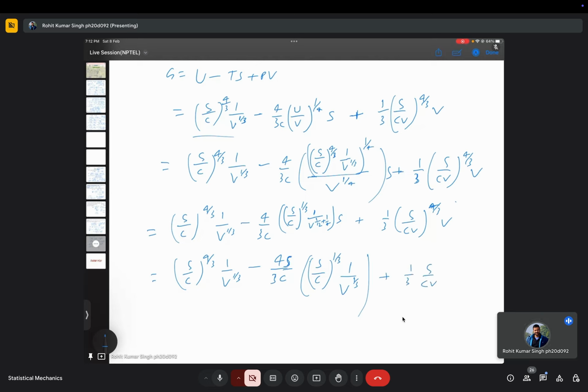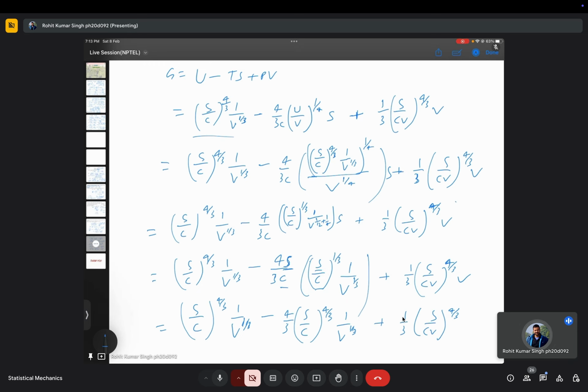Picture is getting clearer. Okay, let me write once more. This is 4 by 3. This s and this s combined, and this c and this c combined, we can write it as 4 by 3, and then you have 1 by 3 plus 1 by 3, (s/c_v)^(4/3).